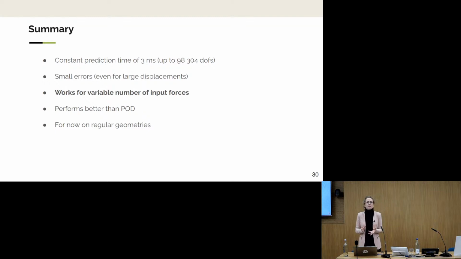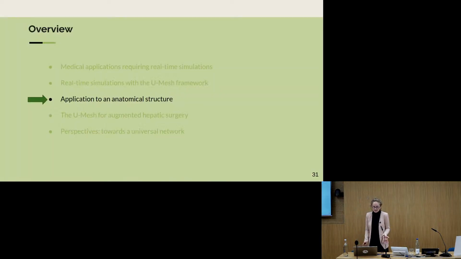This is an important characteristic, as we have seen it was one of our requirements. It also performs better than the POD, and for now we have shown results on regular geometries. What happens now if we want to apply it to a non-regular geometry, like an anatomical structure, for instance?